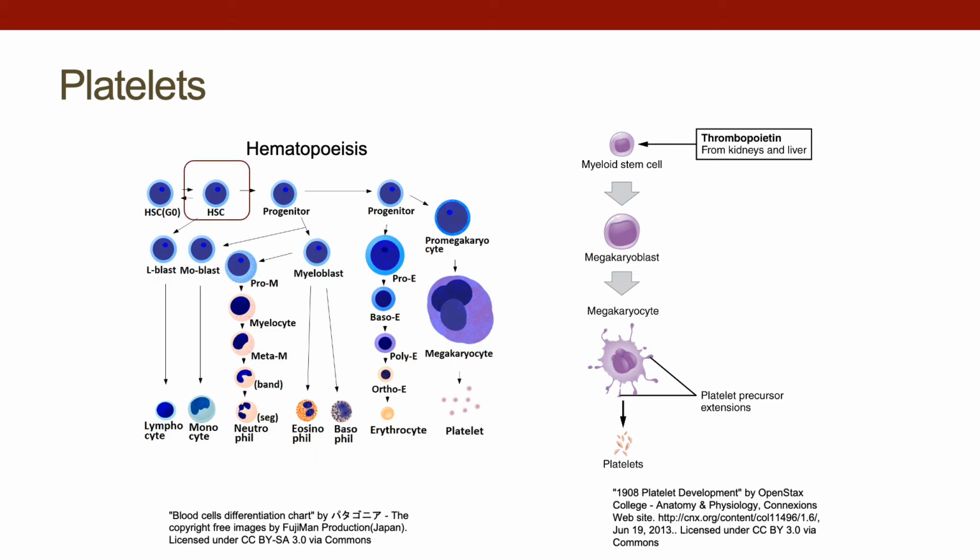It starts with the hematopoietic stem cell, or HSC for short, up top here, that can self-renew and also go on to make all the progenitors of the different lineages. They can make white cells shown here, red cells here, and the lineage that we're interested in makes a cell called the megakaryocyte, and that goes on to make the platelets.